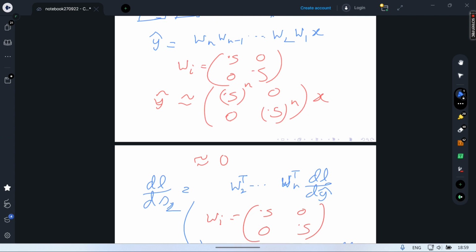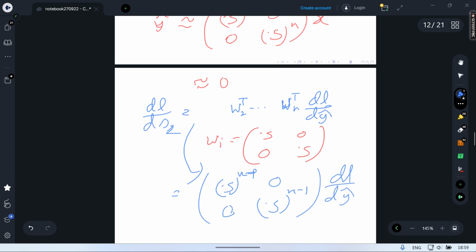In that case the output or the gradient will explode, and it will lead to unstable training. So the main point is that if the weights are not initialized properly, you can end up with the vanishing or exploding gradient problem.